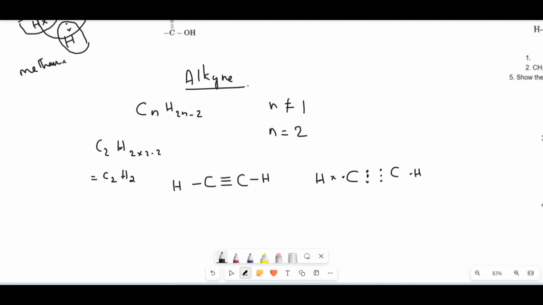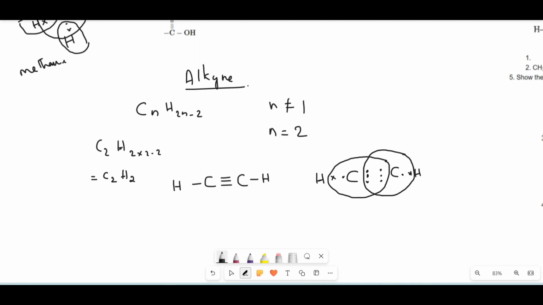So what you have to notice in this particular structure is that triple bond around each carbon means they are sharing 3 electrons. So around this carbon we have to satisfy 8 electron condition. So 6 plus 2, 8, and second carbon also you should draw this 6 electrons together and these 2 electrons.